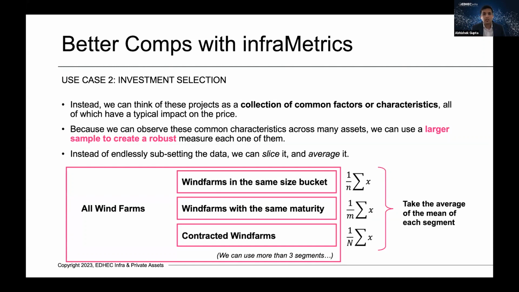So all sorts of splits that are possible by risk exposure and by characteristics. And then you can take the mean of each of these segments. So that allows you to create, let's say, multiple benchmarks, and then taking the average of those benchmarks can get you closer to your individual asset. I'll illustrate this point now.